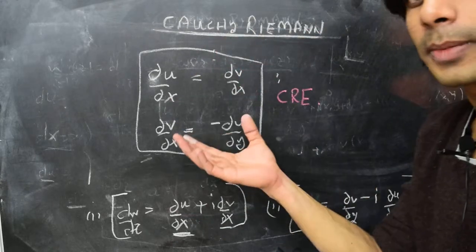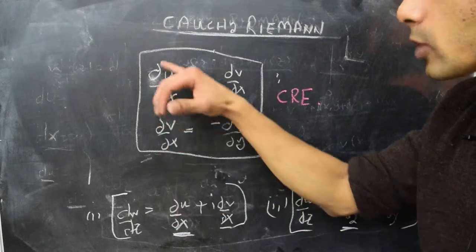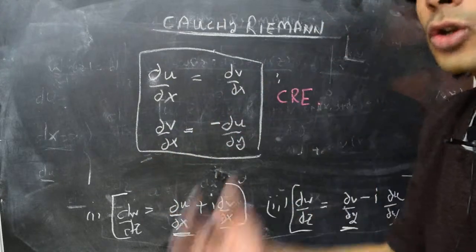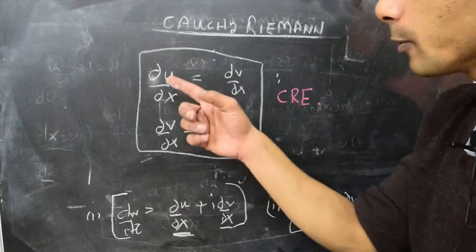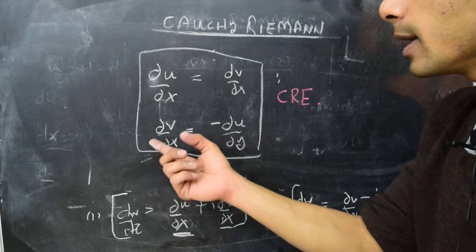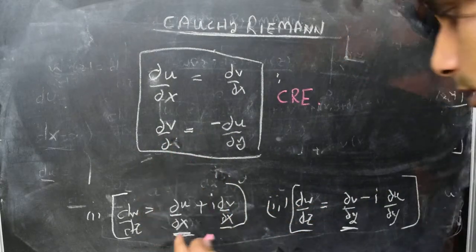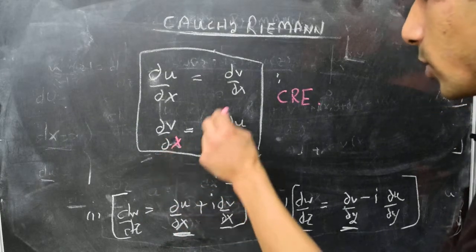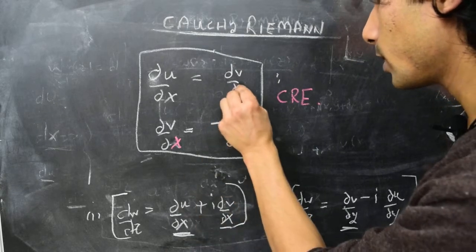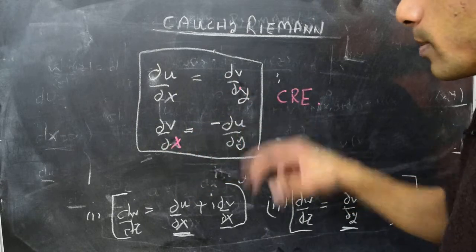So we have these Cauchy Riemann equations. In order to check whether a function is complex analytic or not, we calculate these partial derivatives and check whether du dx is equal to dv dy, and dv dx is equal to minus du dy. Sorry, I misspoke earlier: it should be dv dy.